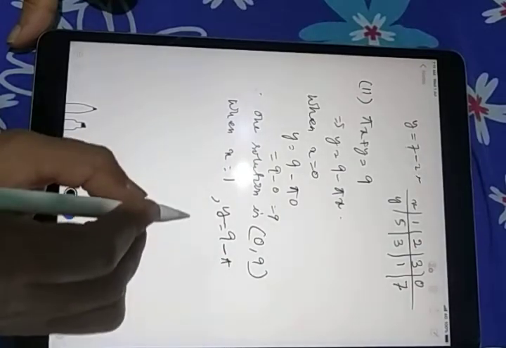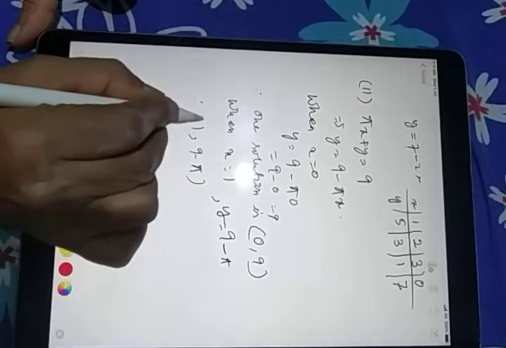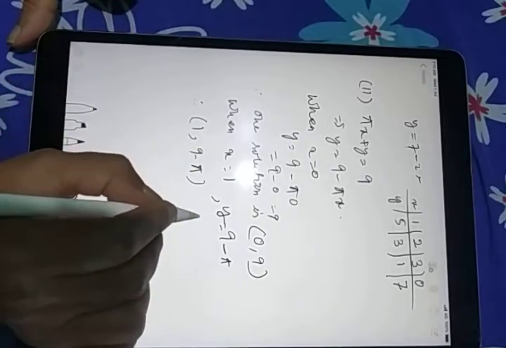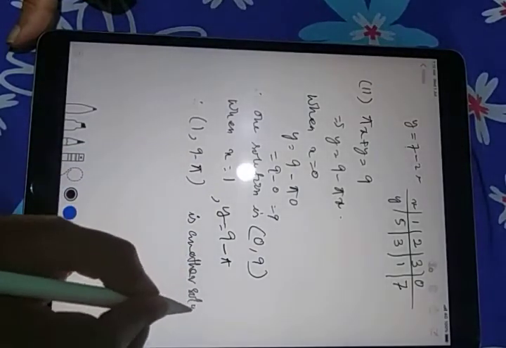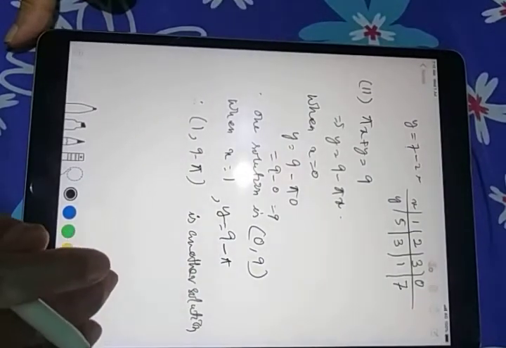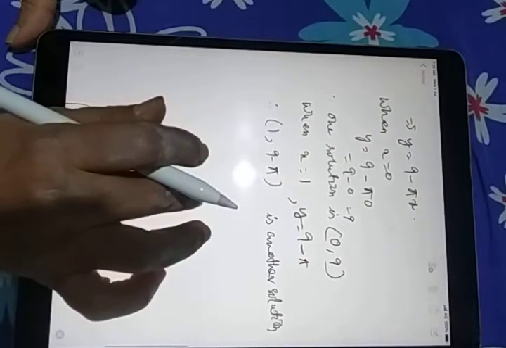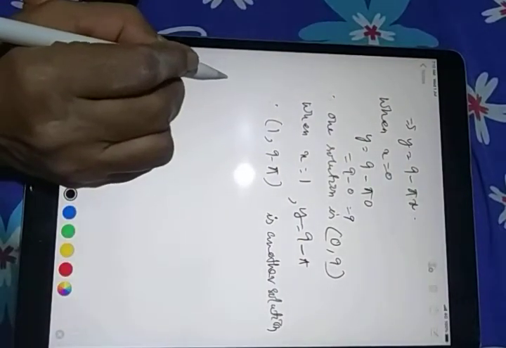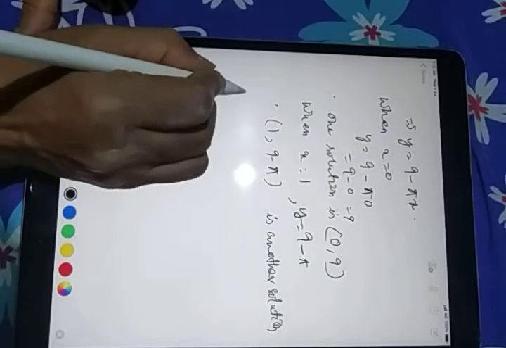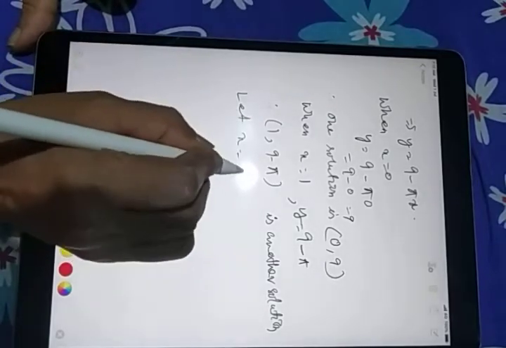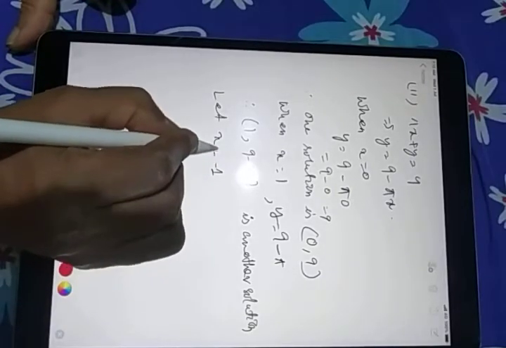When x equal to 1, y will be equal to 9 minus pi into 1. So (1, 9 minus pi) is the second solution. Then third solution, let x equal to minus 1.